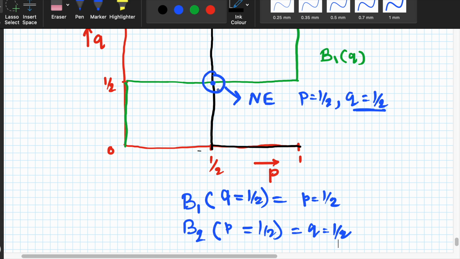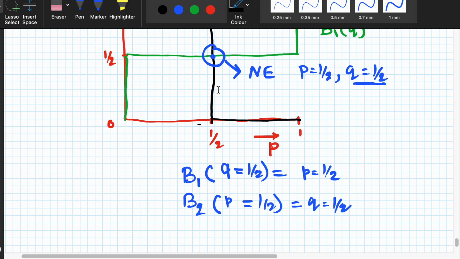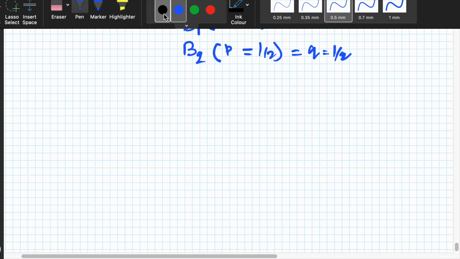Now we will see the Nash equilibrium for the battle of sexes game. We will again do the same thing. So what is the battle of sexes game?